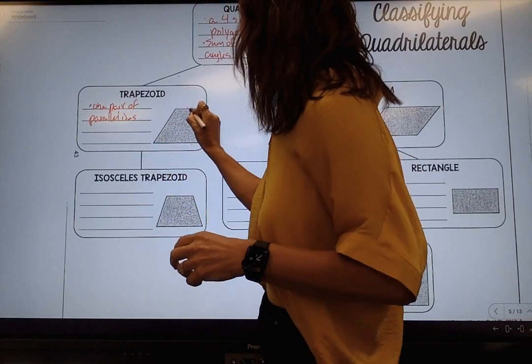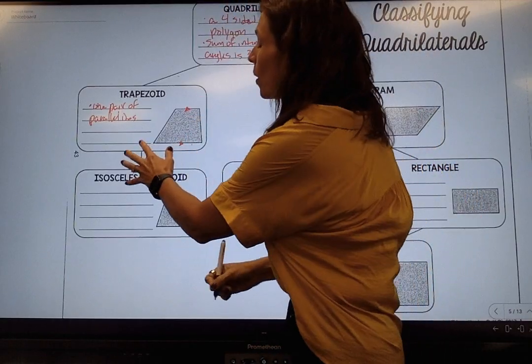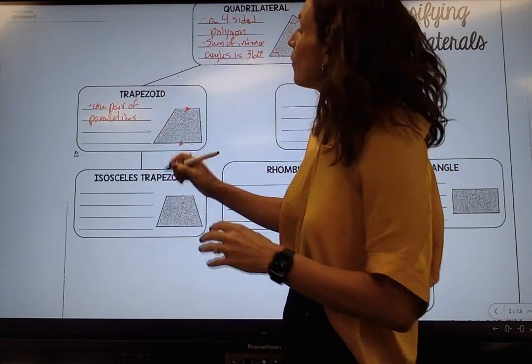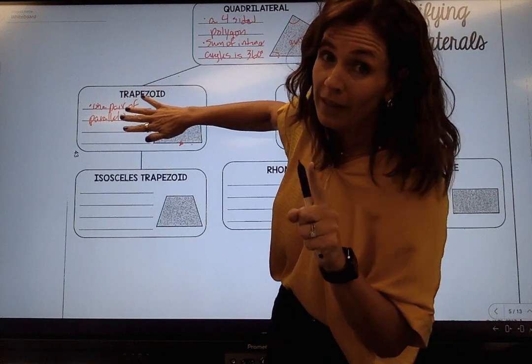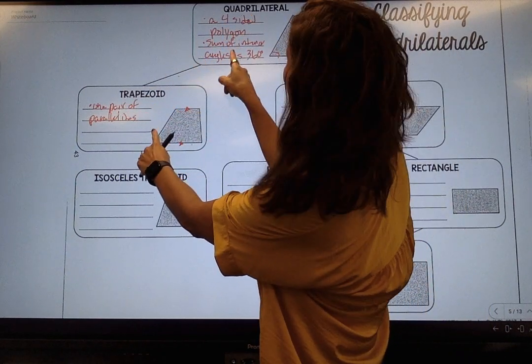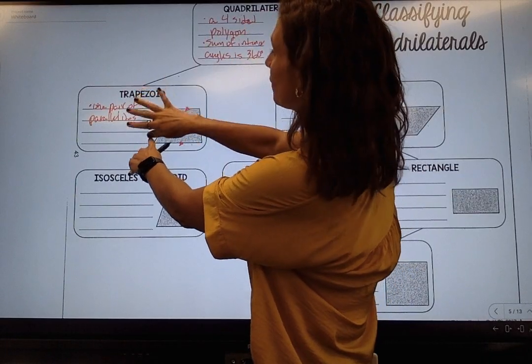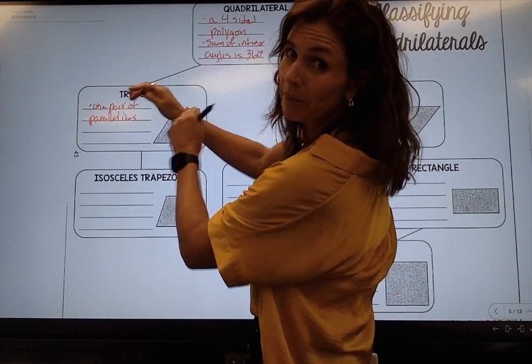And remember, parallel has these markings, so these guys are going to be parallel. When you look at this drawing, the trapezoid has one pair of parallel lines. It also is a four-sided polygon, and the sum of interior angles is 360 degrees. So all of these statements hold true for a trapezoid, okay?